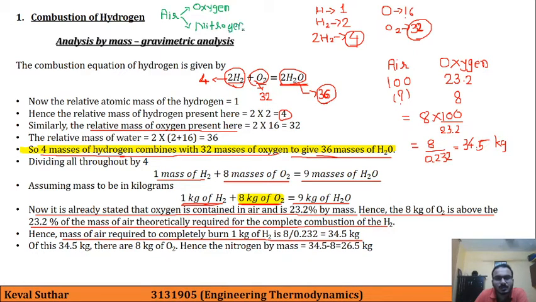So the answer we have obtained is 34.5 kg. Out of this 8 kg is oxygen, so the remaining will be 26.5 kg.